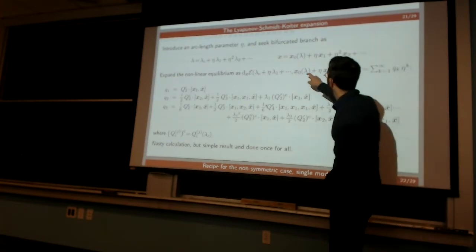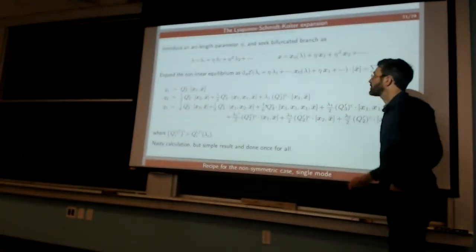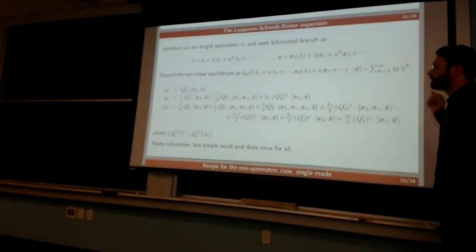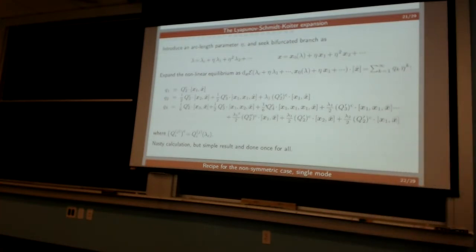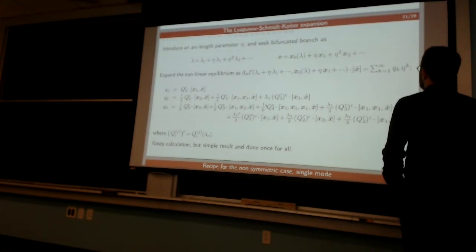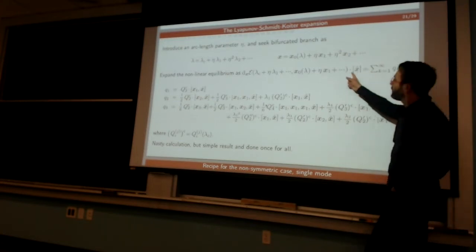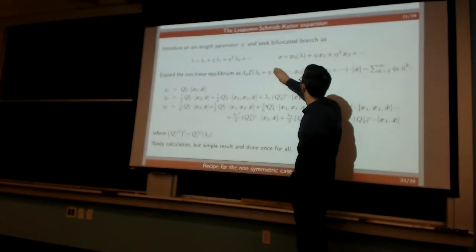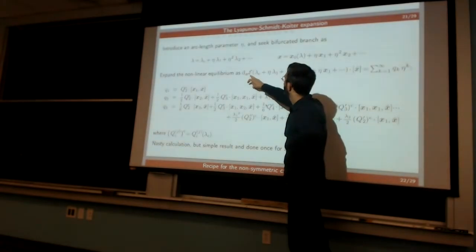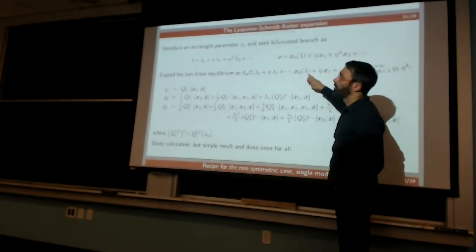You have to insert that, and lambda is also given by this. So it's a lot of composed functions, but you can do this typically using symbolic algebra or by hand if you're really up to it. You expand this thing order by order. So let's see, at order 1, if I take eta equals 0, you find that the gradient is evaluated at lambda c and x naught of lambda c.